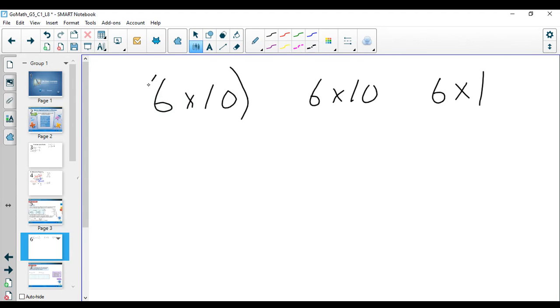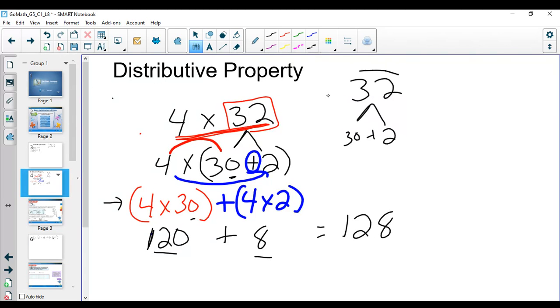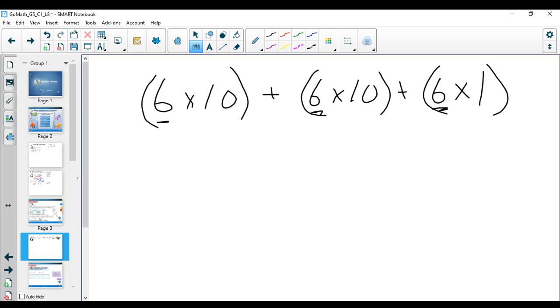Well, this sort of starts to look a little bit like the distributive property that we just talked about back there, right? We have parentheses, we have a common factor in each set of parentheses, and we're multiplying it by a different number. So just like with the distributive property, how we pulled this 30 apart into 30 plus 2, we can also go in the reverse direction, right?